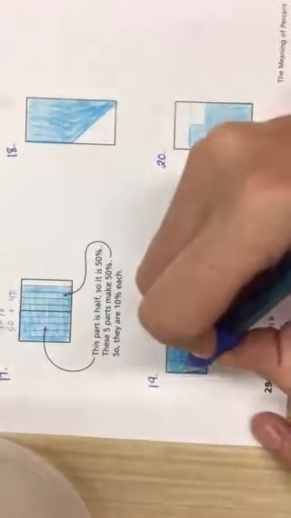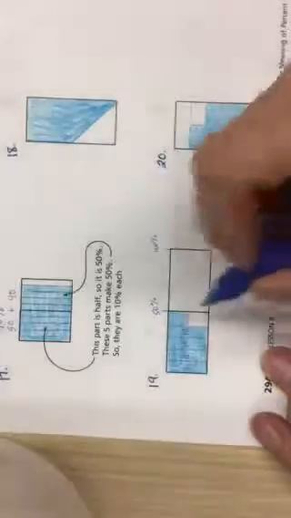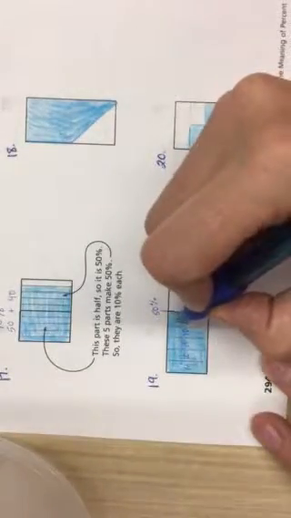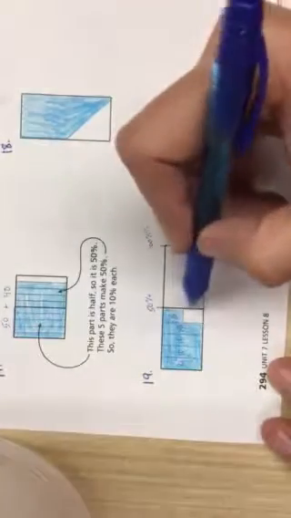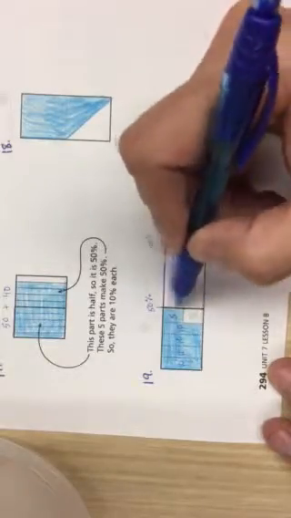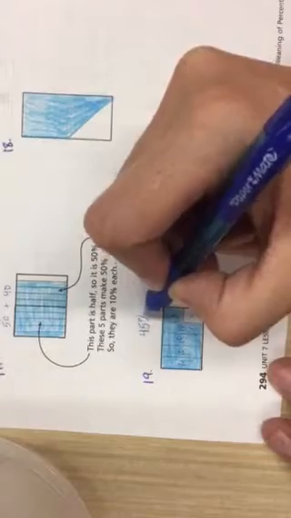So once again, to me, these represent 10%. And then half of a 10% is really 5%. So 10, 20, 30, 40, 45. That would make sense too, that there'd be another 5 here, and that would equal 50%. So I'm saying this equals 45%. Now go ahead and work on numbers 18 and 20.